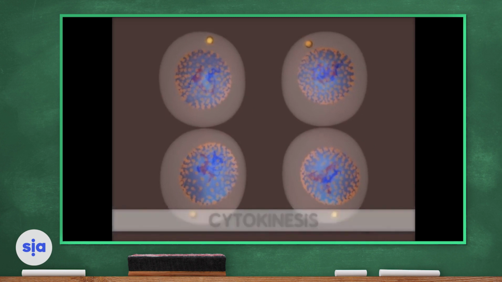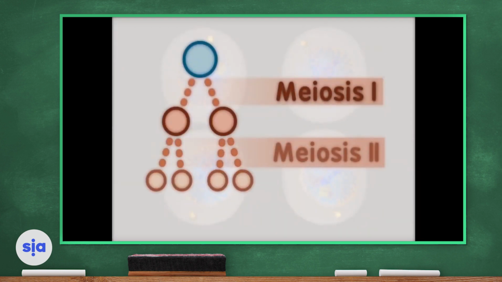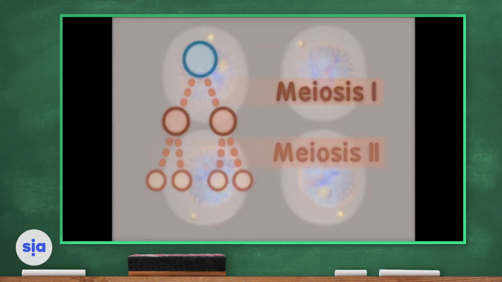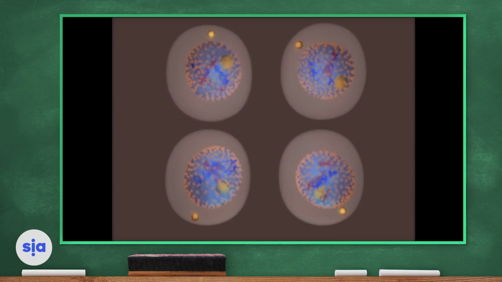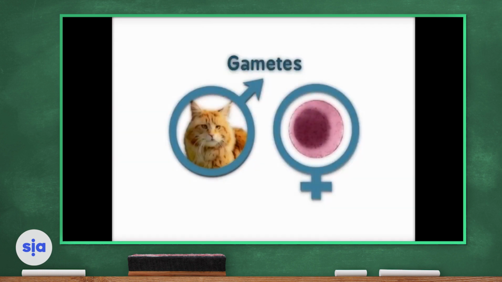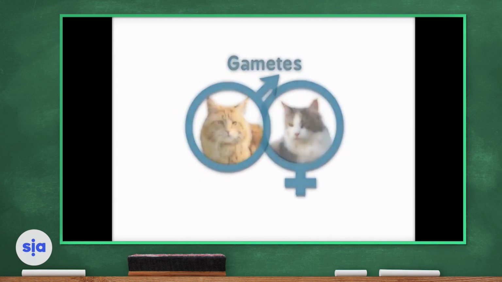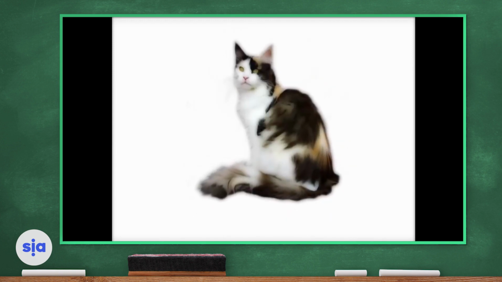Since meiosis II began with two cells, and each of those cells were split into two cells, we now have four unique haploid cells at the end of meiosis. These cells are gametes. Two gametes, one from a father and one from a mother, may fuse to produce a diploid embryo. The resulting embryo then grows through many cycles of mitosis.